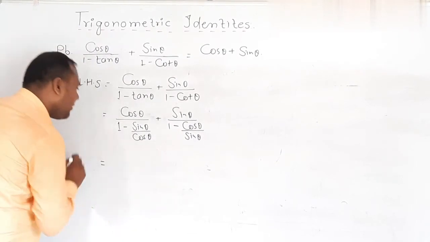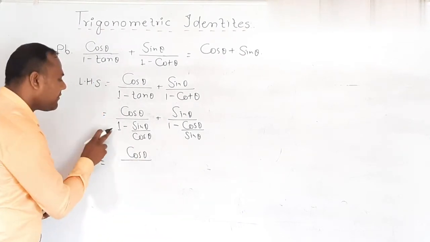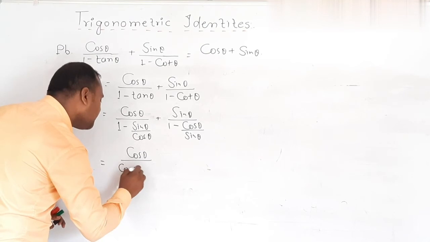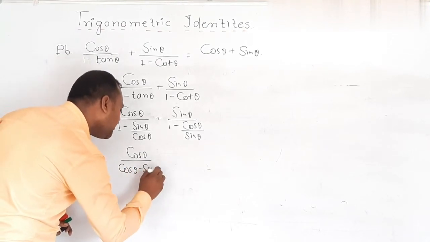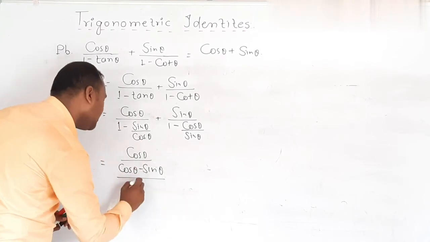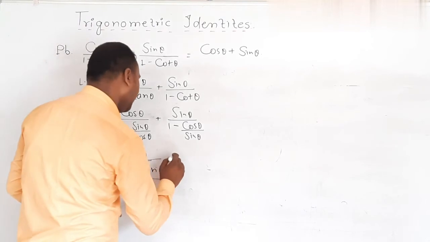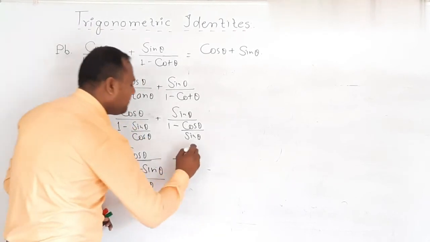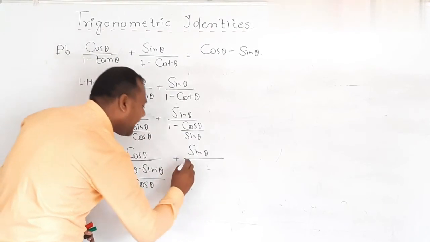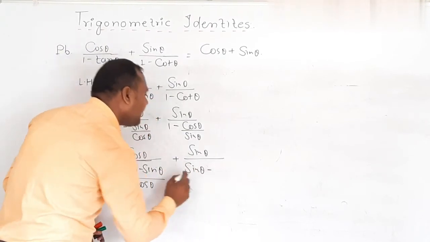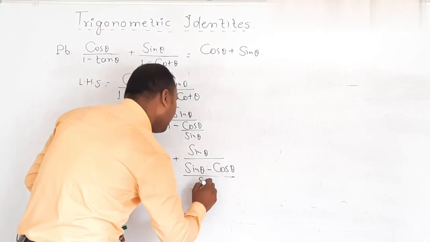So equal to cos theta upon (cos theta minus sin theta) upon cos theta, plus sin theta upon (sin theta minus cos theta) upon sin theta.